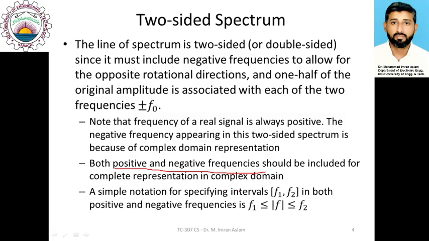So in order to incorporate both the frequencies, whenever we mention any specific interval or any range in the frequencies, we use this modulus function, because the modulus function always has the concept of positive as well as negative frequencies. So a common notation in identifying frequency band in such cases is this one, that we use a modulus with the frequency variable.